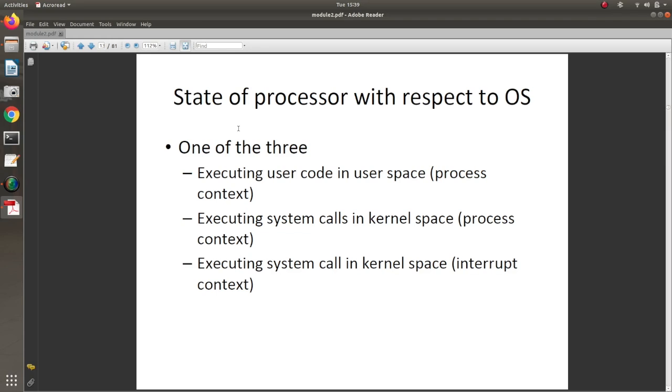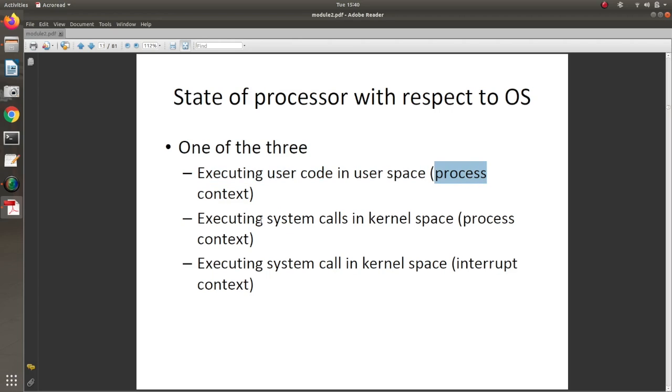Now the processor has three states with respect to the operating system. It is either executing user code in the user space, or executing system calls in the kernel space in the process context, or executing a system call in the kernel space in the interrupt context. The user code, as we've said, that is the application, runs in the user space, in the process context.